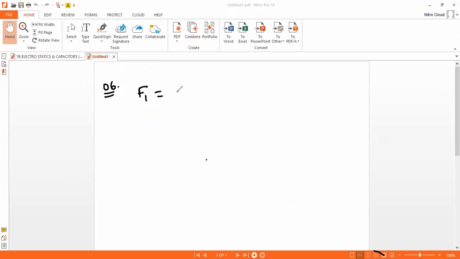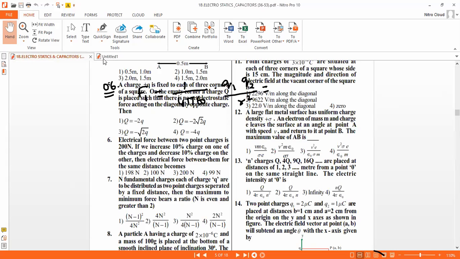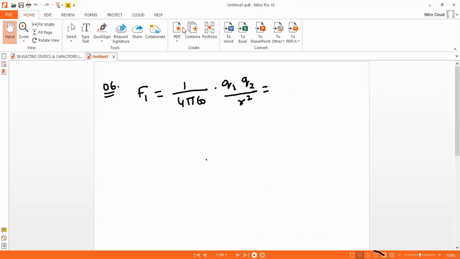Initially, I can write F1 as 1 by 4 pi epsilon naught q1 q2 by r square. And this force, they gave it as 200 Newton.